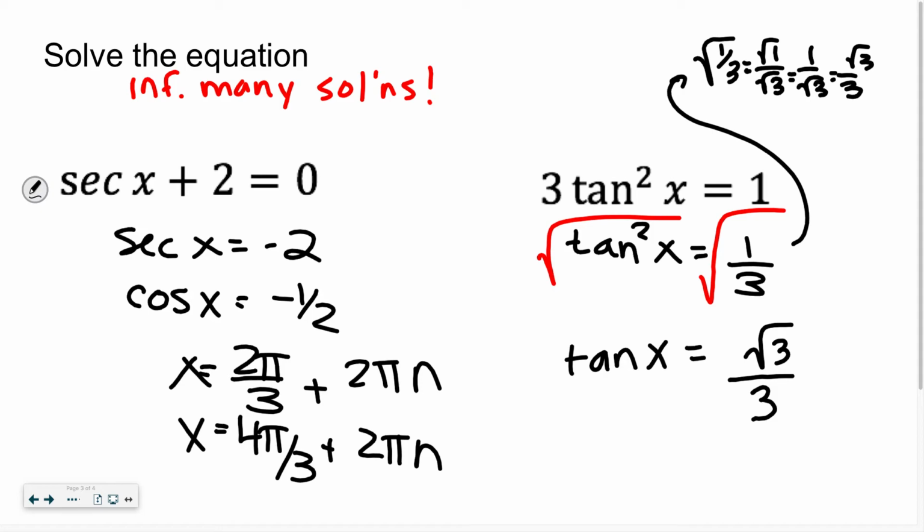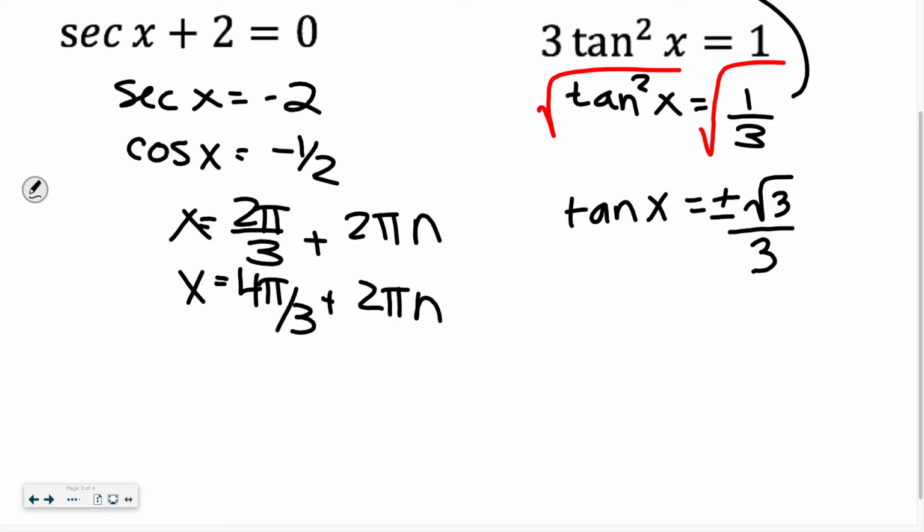But if you square root both sides, you don't know if it was positive times positive or negative times negative. So now we got a plus or minus square root 3/3. So when you square root both sides, you're going to add the plus or minus. Okay, what is the angle that has positive square root 3/3 for tangent?